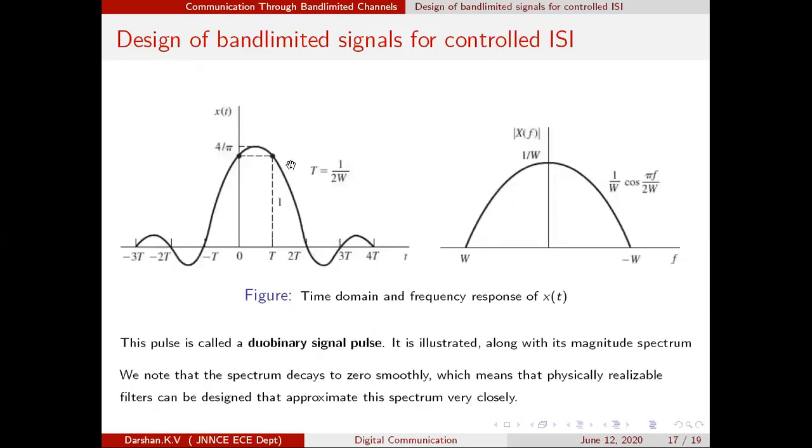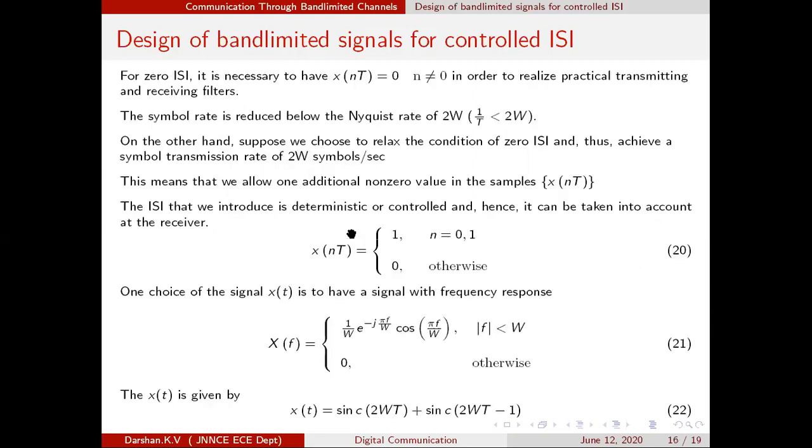So with this choice, what we have achieved is, we have introduced an ISI component, but the symbol rate, the rate at which we are going to transmit the symbols, would be increased. To what extent is it increased? The symbol rate would be increased to 2W. So that was the required thing. Okay.